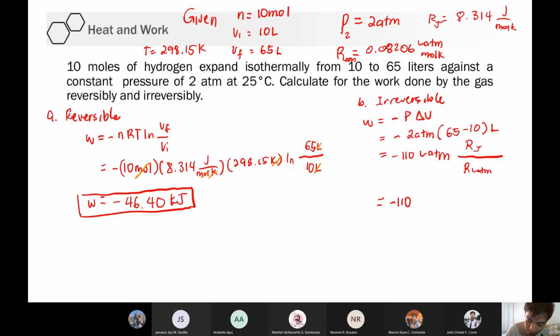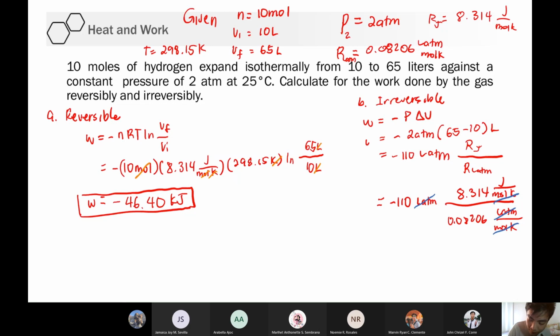L-atm. So nasa taas yung 8.314 joule per mole Kelvin. Nasa baba yung 0.08206. Okay, then cancel the L-atms. Cancel yung mole Kelvin. So you're left with joule.